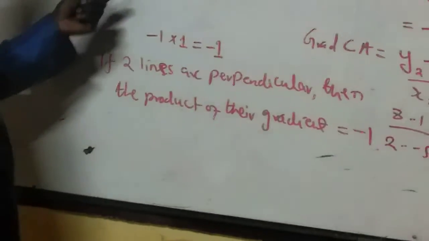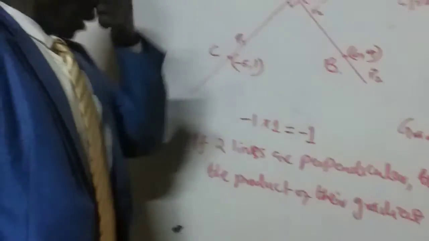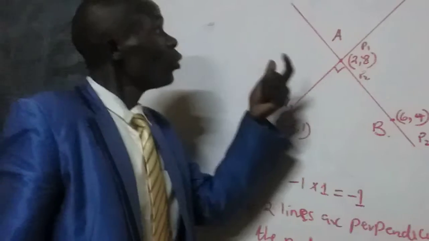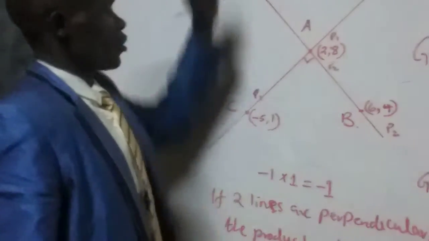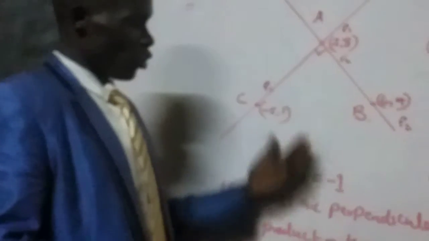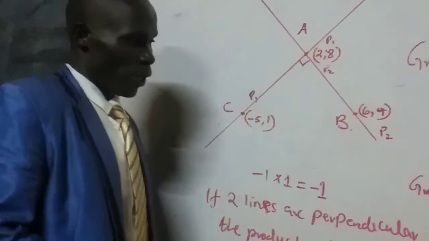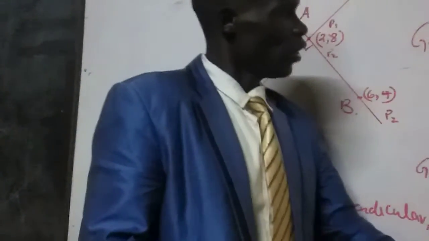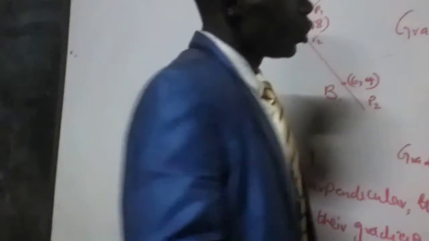So this is a very important property in dealing with perpendicular lines. We are saying that if two lines are perpendicular, then the product of the gradients of those two lines will be equal to negative 1. So let's look at an example.